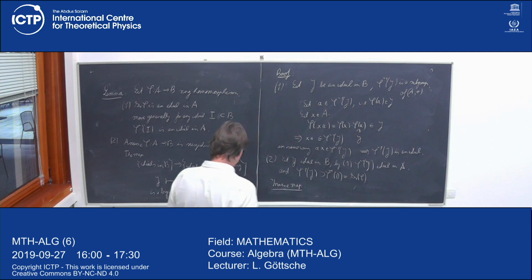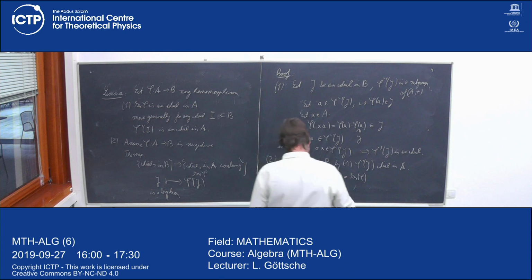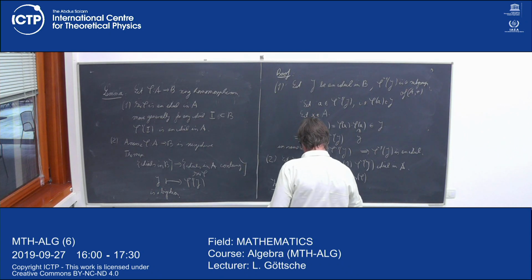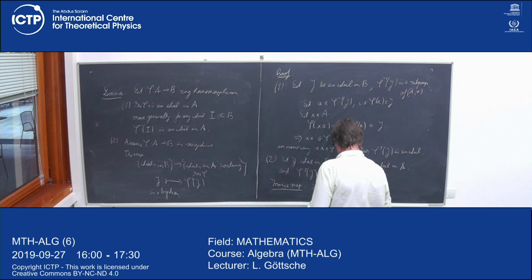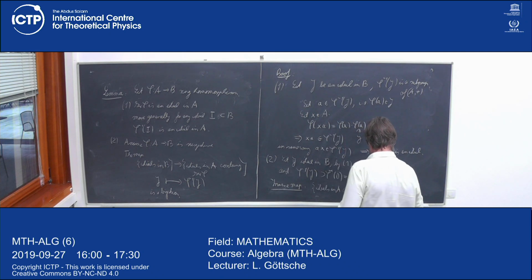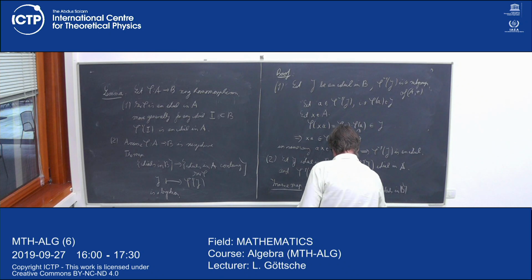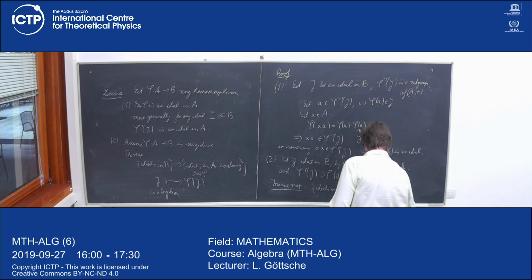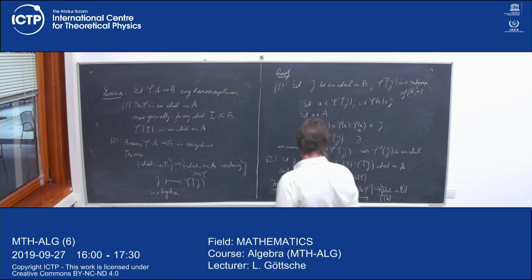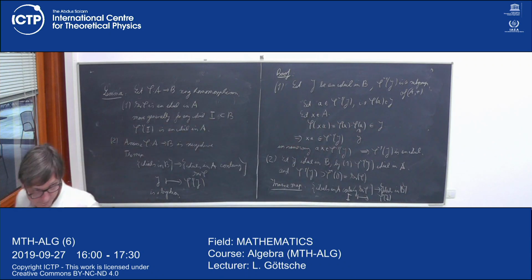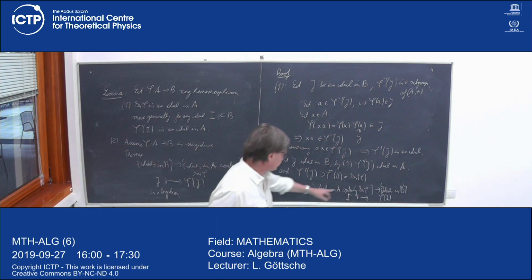And the inverse map is just by taking the image. So I look at the ideals in A containing the kernel of phi, to the ideals in B, and I send I to phi of I. Actually, I don't really need that it contains the kernel of phi for this to make sense.